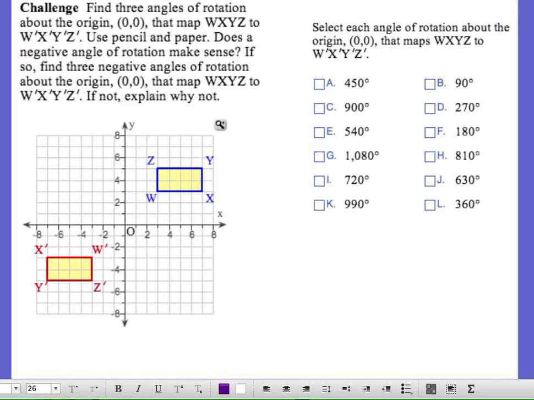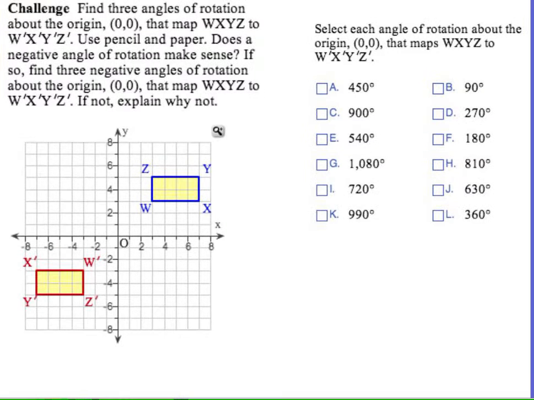First step, let's decipher this word problem. We need to find 3 angles of rotation that will lead us from the original to our image. Okay, we see W is at 3, 3.